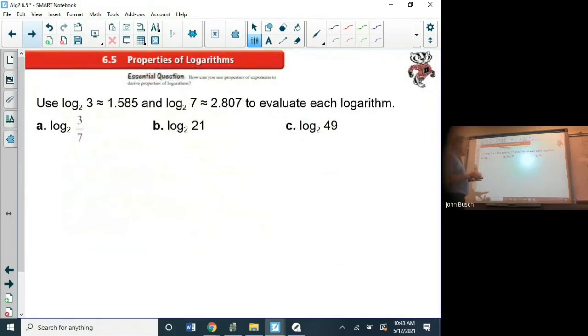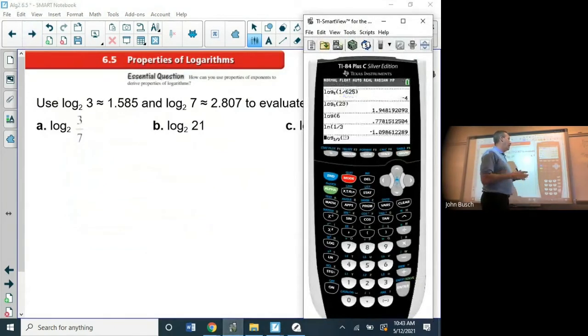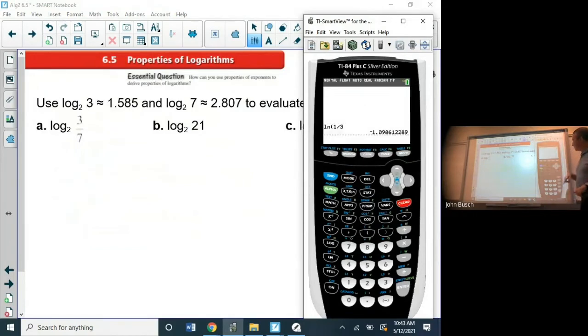Now, we know that you can just take your calculator for any of these log values, and get a decimal approximation for log base 2 of 3/7, and get the correct answer.